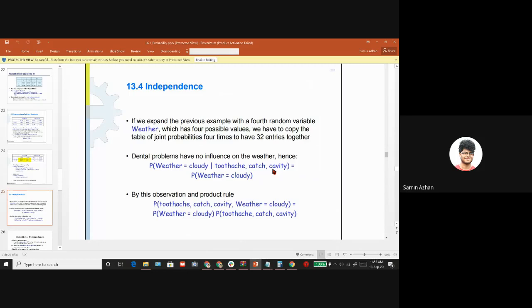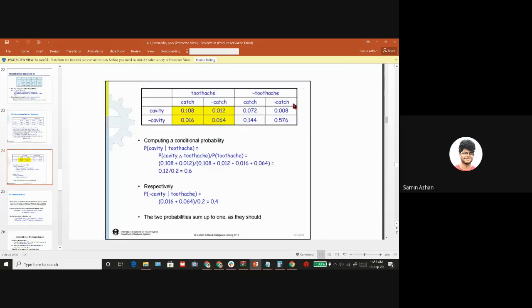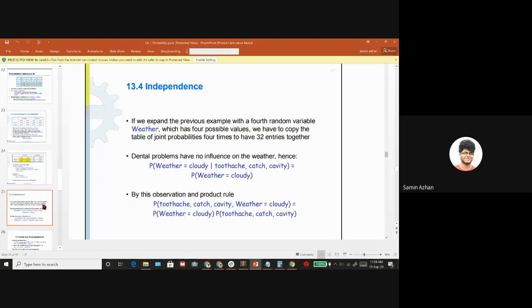Because working with 32 entries would be much more difficult than working with these 8 entries. These 8 entries would be more efficient and will provide us with a result in much less time than working with 32 entries. So if we get the chance, we should always identify an independent variable.